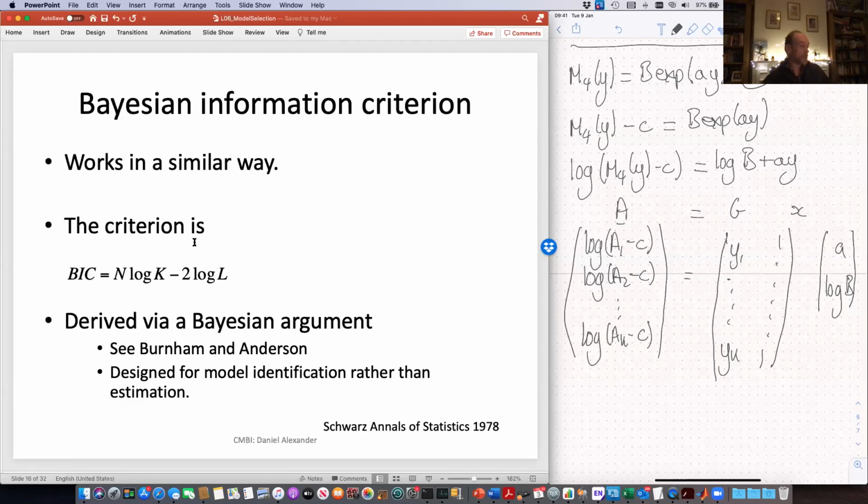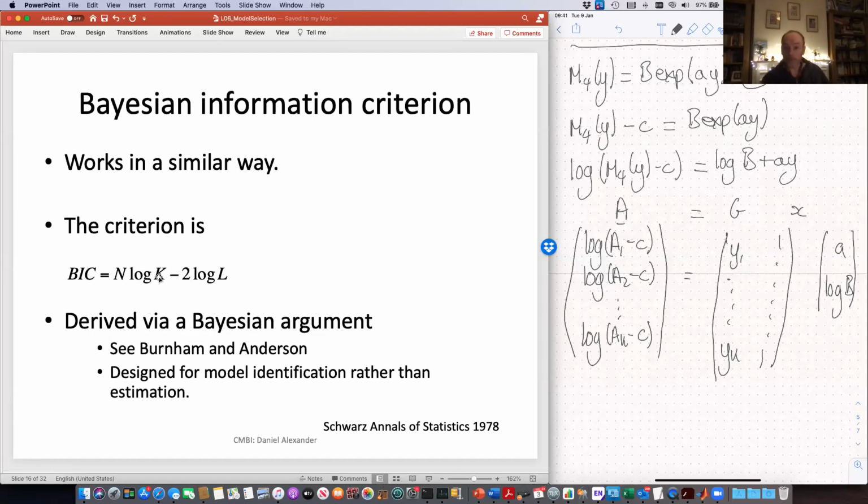So there are various other criteria that work in a very similar way to the AIC. Another popular one is the BIC, the Bayesian Information Criterion. Once again, it directly encodes this trade-off between complexity and goodness of fit. This time, rather than 2n, we've got n log k, where k is the number of measurements.